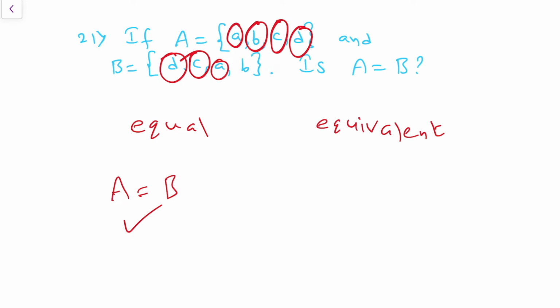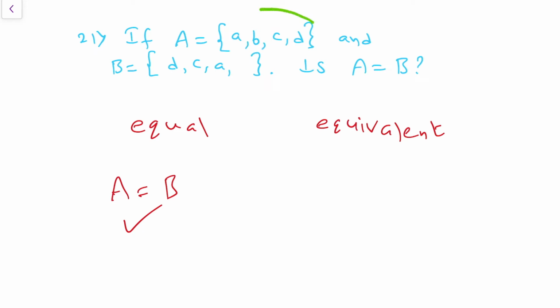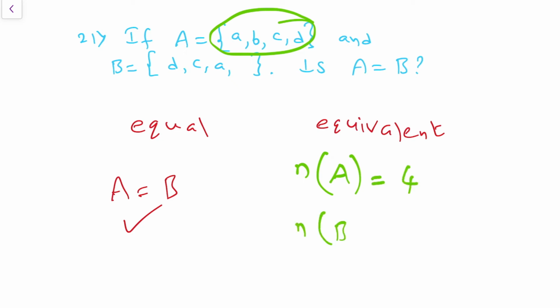Then what about this equivalent? Equivalent means we just need to count the number of elements. In the set A, how many elements are there? 4 elements are there. Number of elements in set A is 4. Number of elements in set B?